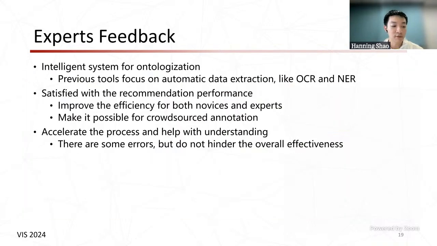The experts gave positive feedback to our system. They believe that this intelligent system for the ontologization step is useful, since previous tools mostly focus on automatic data extraction, and they are also satisfied with the recommendation performance.